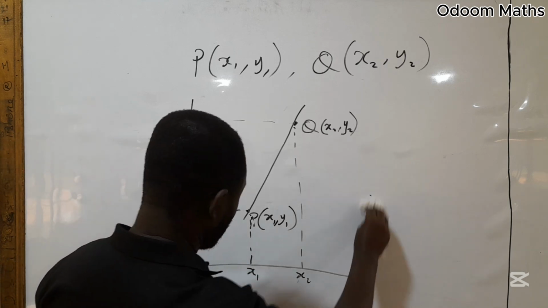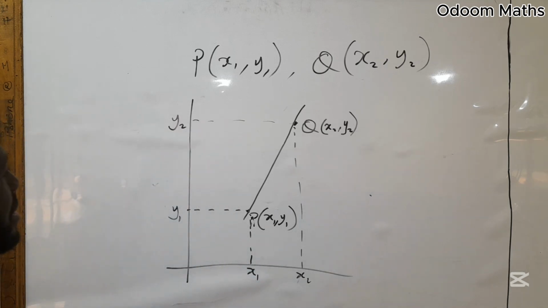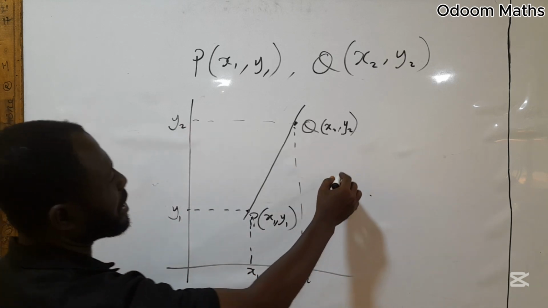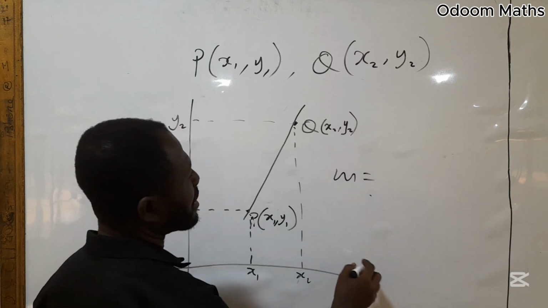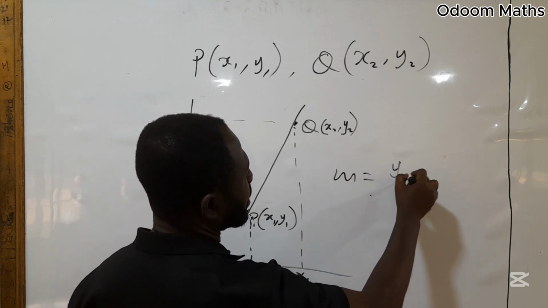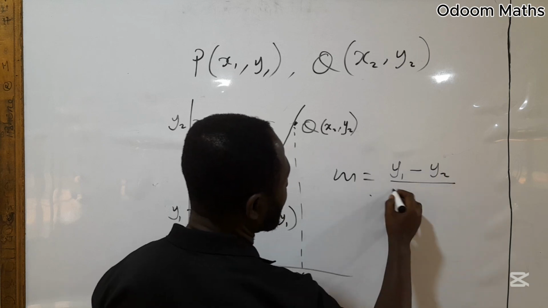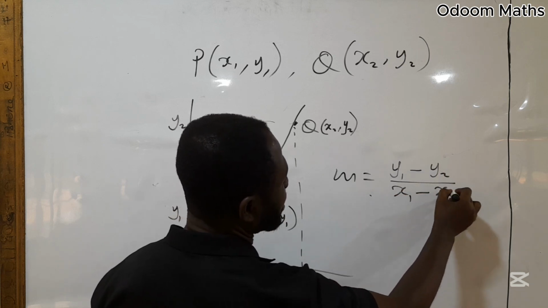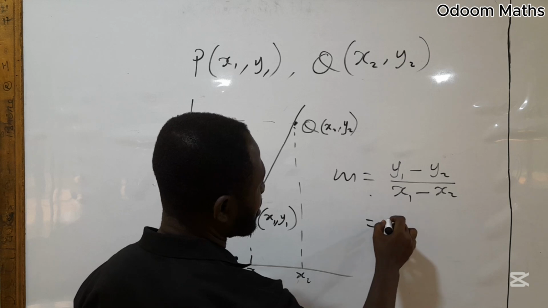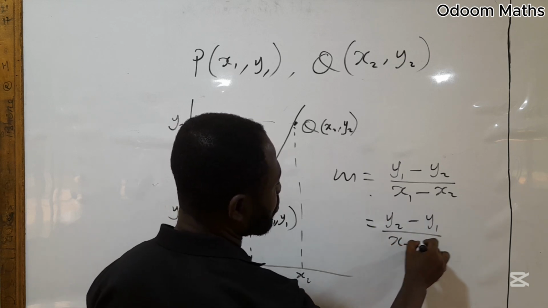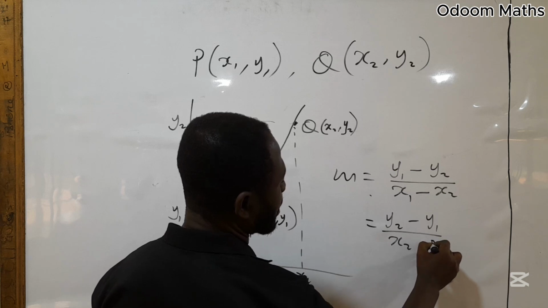So this implies the gradient of the line joining these points, I said it's supposed to be M, and that is going to be y1 minus y2 over x1 minus x2. It can also be y2 minus y1 over x2 minus x1.